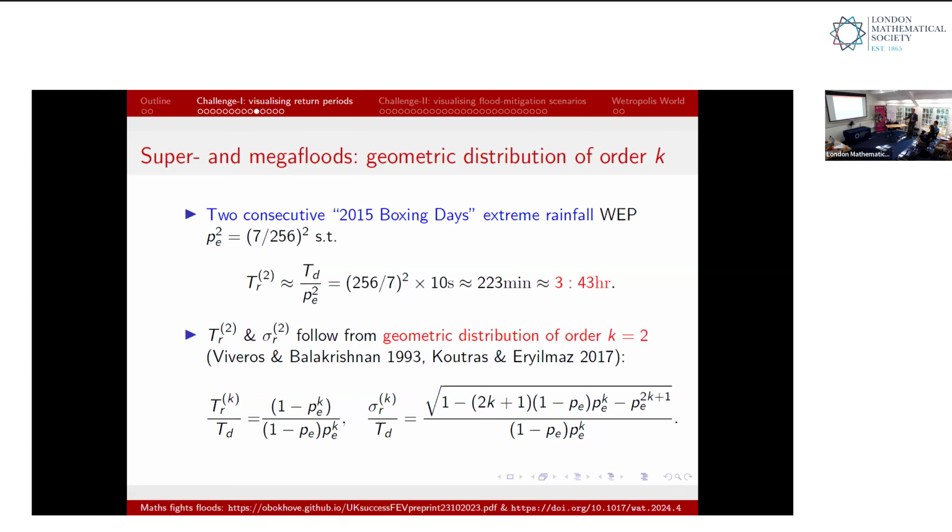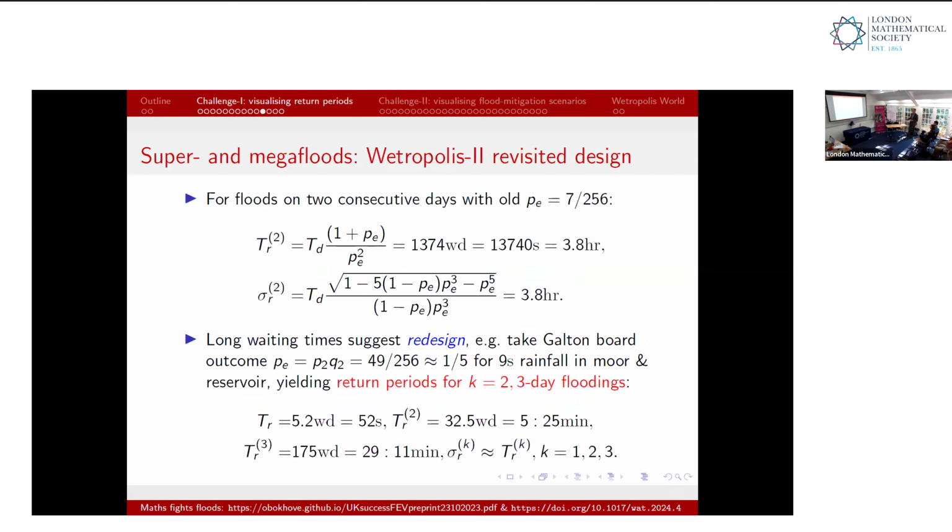So it's roughly 1 over PE to the K, and the same for the 3-day event and the 4-day consecutive rainfall event, etc. And here you also have the standard deviation, so it's slightly longer due to these corrections, but so be it.